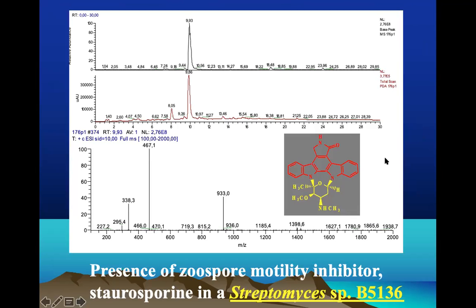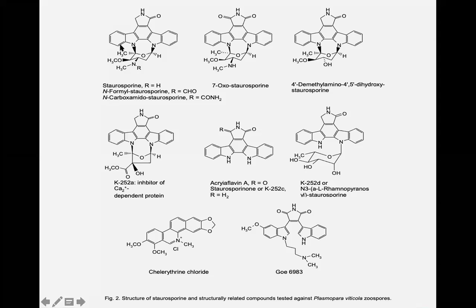By collaborating with a German professor, Hartmut Laatsch, who is very famous in the world because he discovered more than 100 new antibiotics, I found that staurosporine, an indolocarbazole antibiotic, can stop the motility of zoospores. And then we designed lots of staurosporine-like compounds, different derivatives, to get more active compounds.